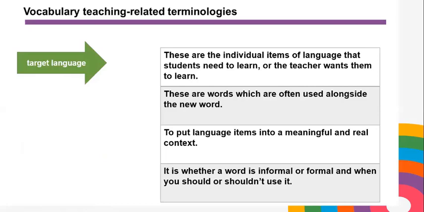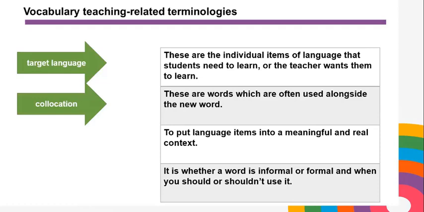Number two, these are words which are often used alongside the new words. If you want to answer, you could raise your hand and give us the answer or unmute your microphone. So let's see. Collocation.